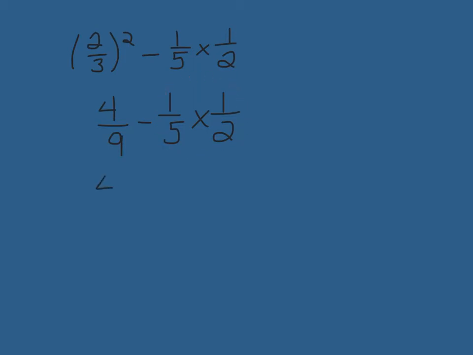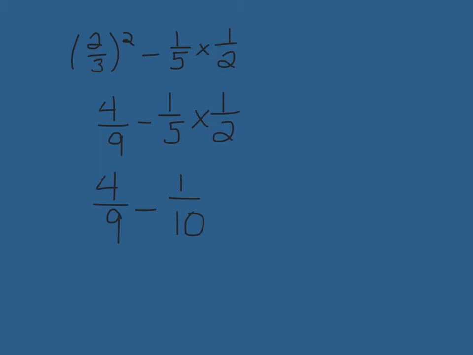So I'll just rewrite my 4/9 minus, now 1/5 times 1/2. 1 times 1 is 1. 5 times 2 is 10. So I have 4/9 minus 1/10. Now I need to subtract those, and I need a common denominator between 9 and 10.